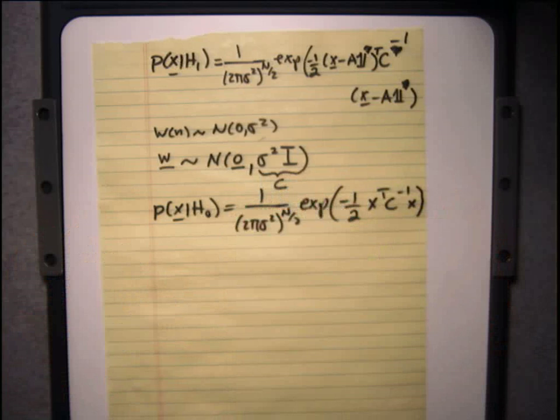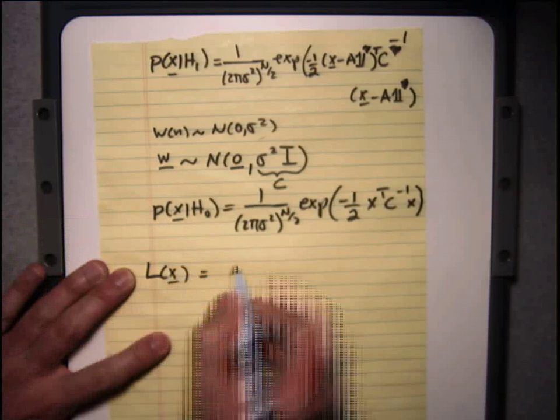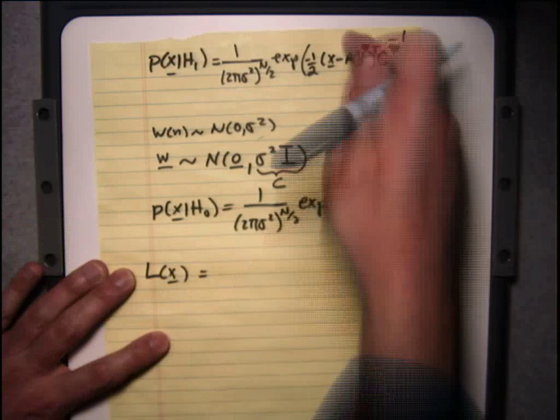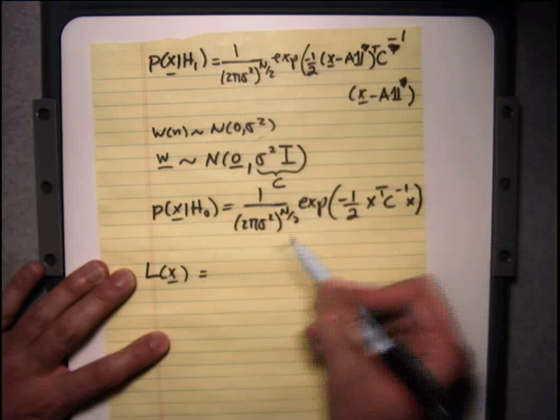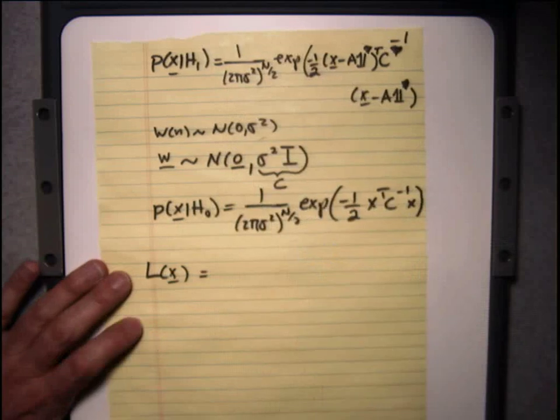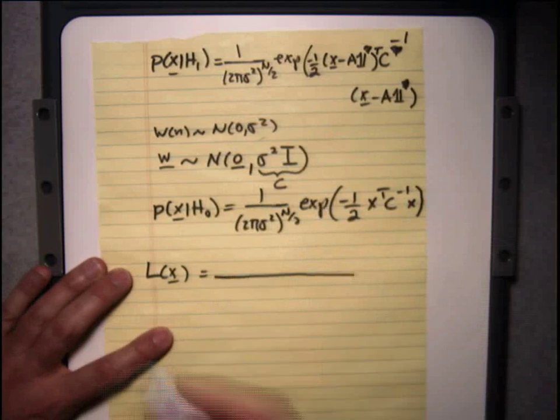Okay? And now, what we're going to do is to divide these two things. Take that and divide it by this. That's the likelihood ratio. So L of x. If I divide these two, this coefficient in the front here and this coefficient here cancel each other out. So this just becomes a ratio of two exponentials. I'm going to write this in longhand.